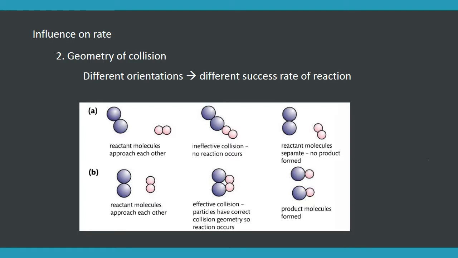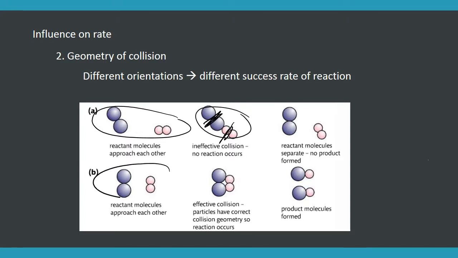So in A, we can see that our orientation of our atoms, when they hit, they're not properly oriented to break the bonds in between each. So they're just going to bounce off each other and you're not going to form a product. But when they are properly oriented, where you can see where the bonds will align that then allow a new bond to form, you can therefore start to get products. So you have to have the right alignment.